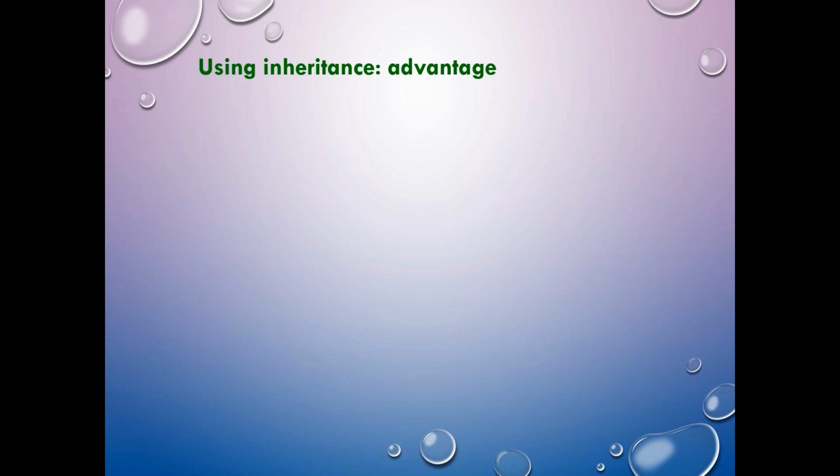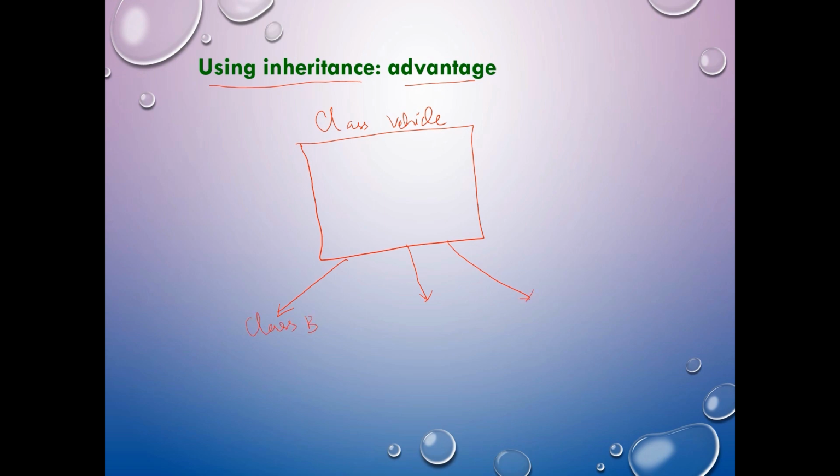Now let's see what advantages we get by using inheritance. For that we have to create a class named vehicle. And here we are going to create 3 classes: class bus, class car, and class two-wheeler.